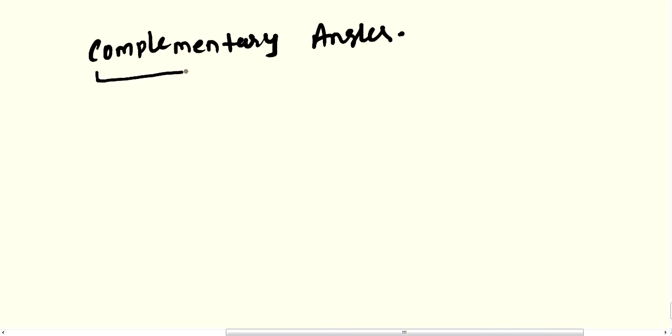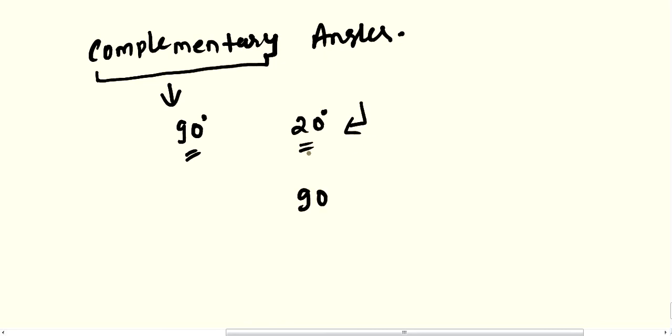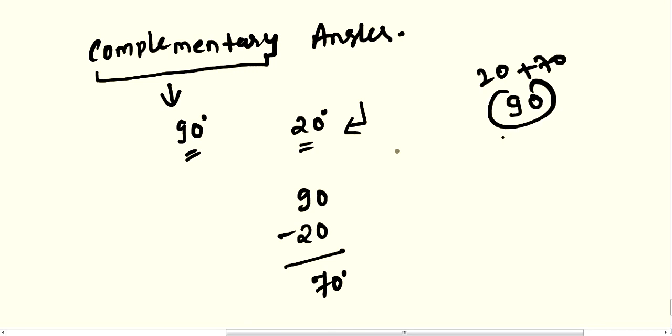Whenever you have the term complementary or complement, the sum of the two angles will be equal to 90 degrees. For example, if you have 20 degrees and I ask what is the complement of this 20 degrees, you have to subtract 20 degrees from 90 degrees, so you will get 70 degrees. So you will reply that 70 degrees is the complement of 20 degrees, because if we add 20 and 70 we get 90, which is complementary. So complementary means 90 degrees.